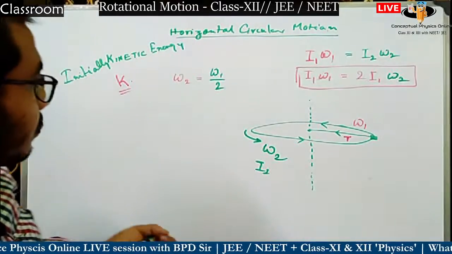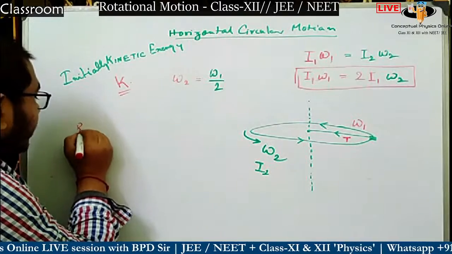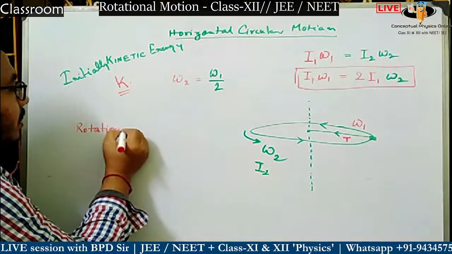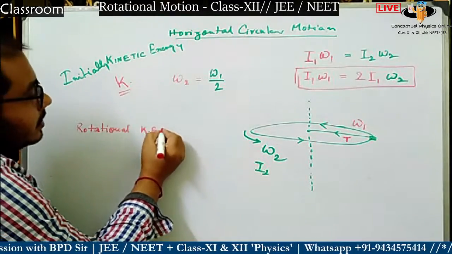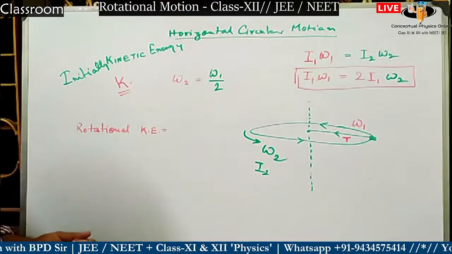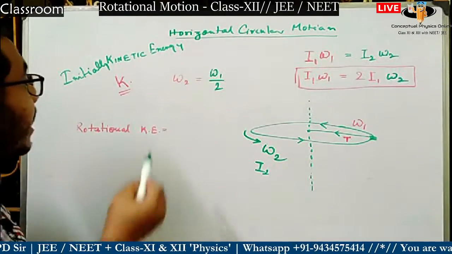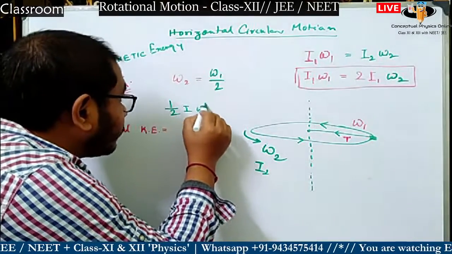Now let us see the formula of rotational kinetic energy. Rotational kinetic energy is half I omega square.